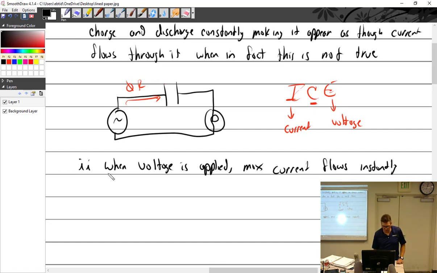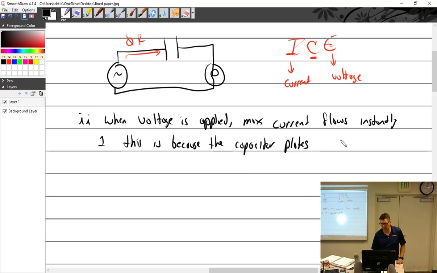This is because the capacitor plates easily take a charge, which is the flow of electrons.